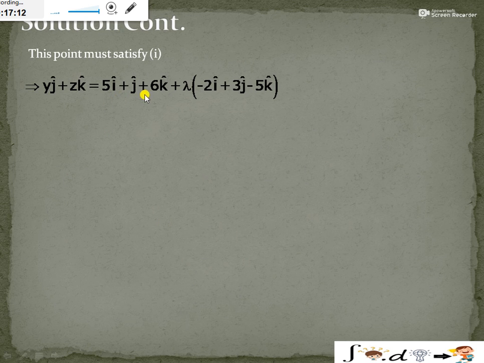It means yj plus zk is equal to 5i plus j plus 6k plus lambda times (minus 2i plus 3j minus 5k).